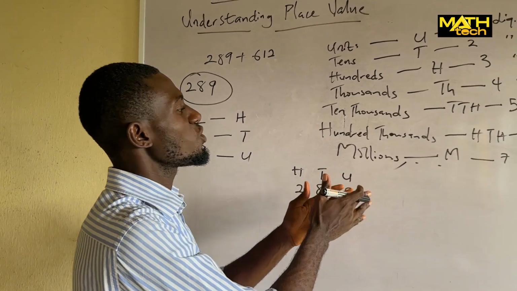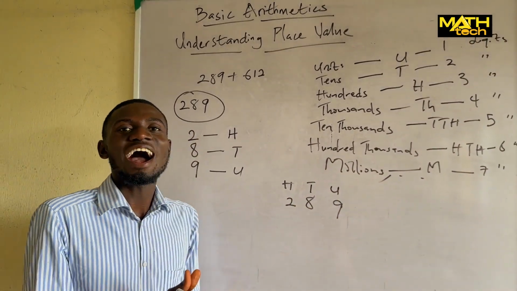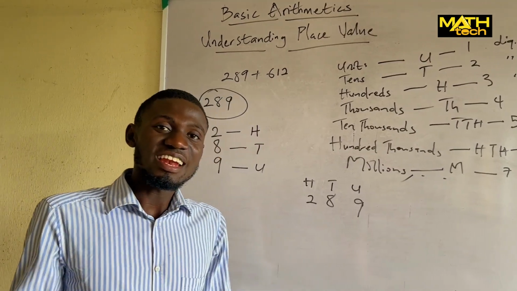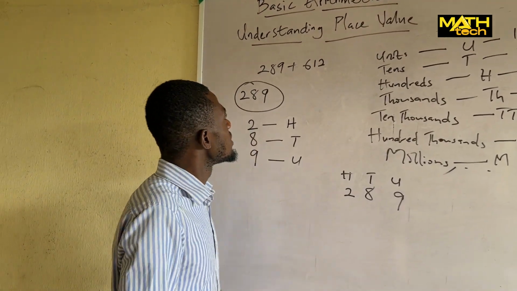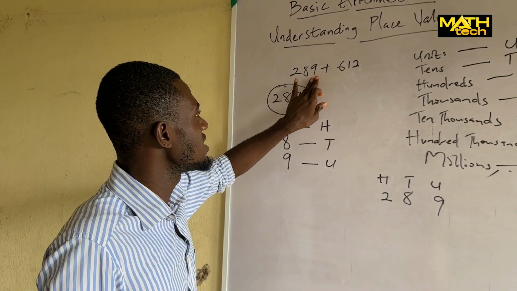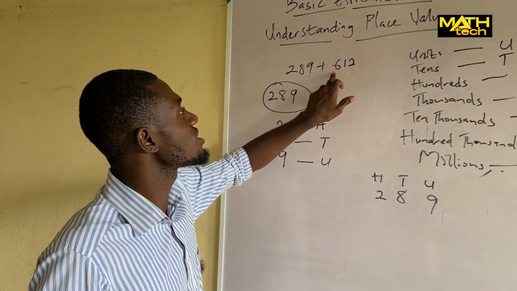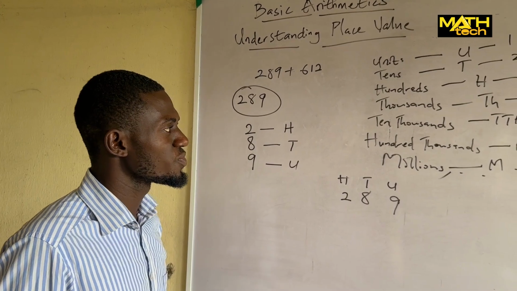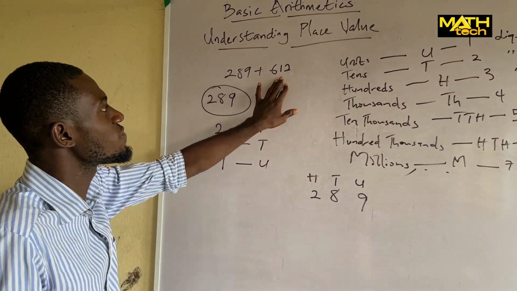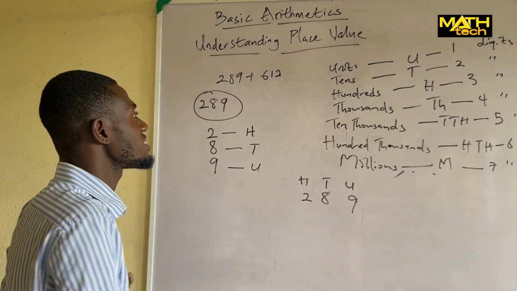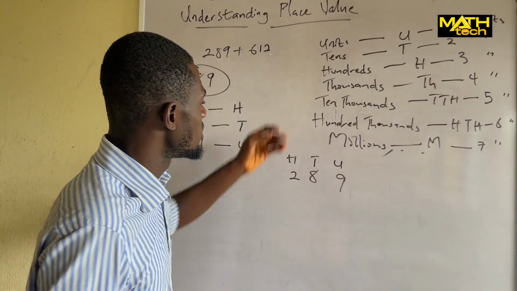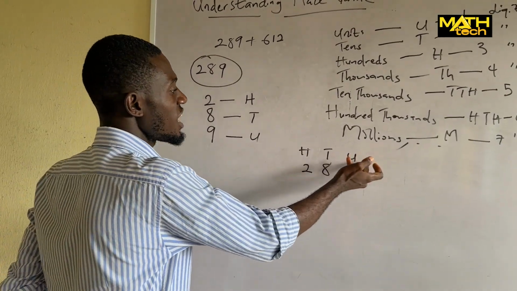Knowing this now gives us an edge to add, subtract, multiply, and also divide larger values. So let's go. Let me use this as an example: 289 plus 612. We all see that since each of these values has 3 digits, it means they are under the line of hundreds, so this is hundreds, tens, and units.